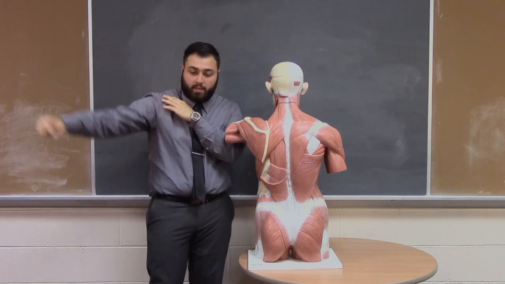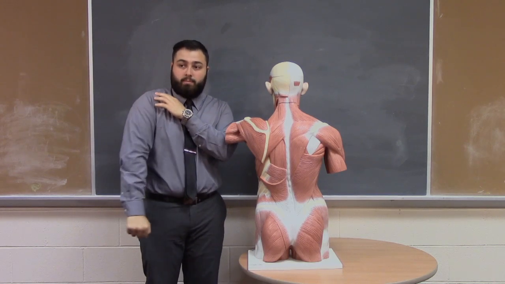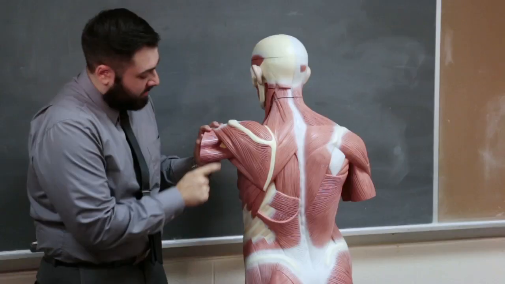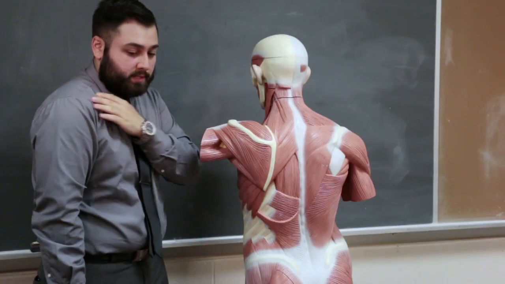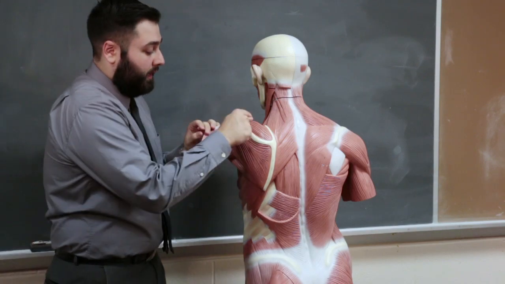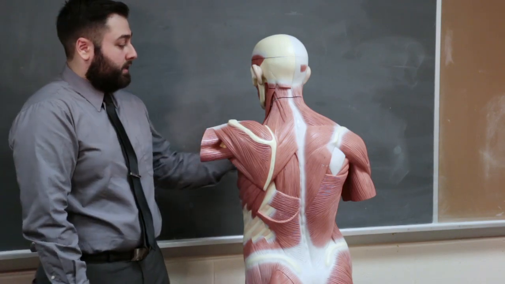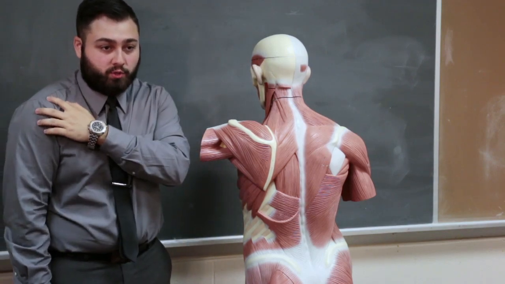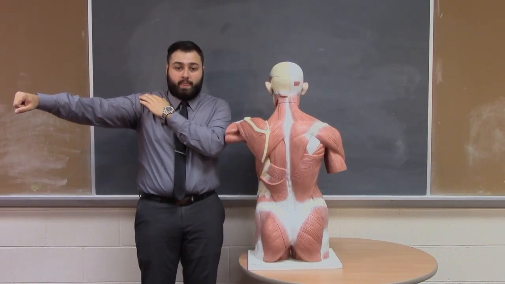Extension of the shoulder, abduction of the shoulder, medial rotation of the shoulder. Okay? So those functions are exactly the same. Teres minor and infraspinatus help with lateral rotation, and supraspinatus is a synergist to middle deltoid when it comes to shoulder abduction.